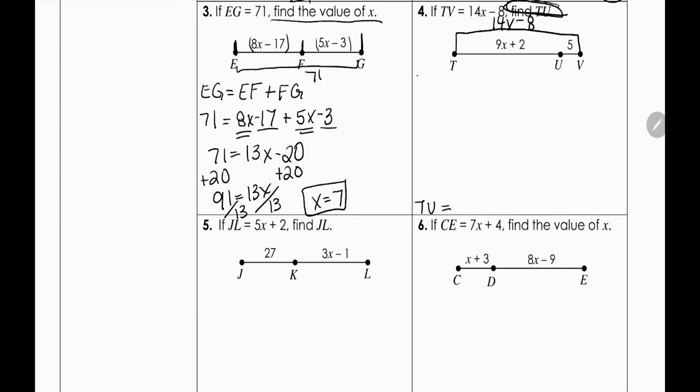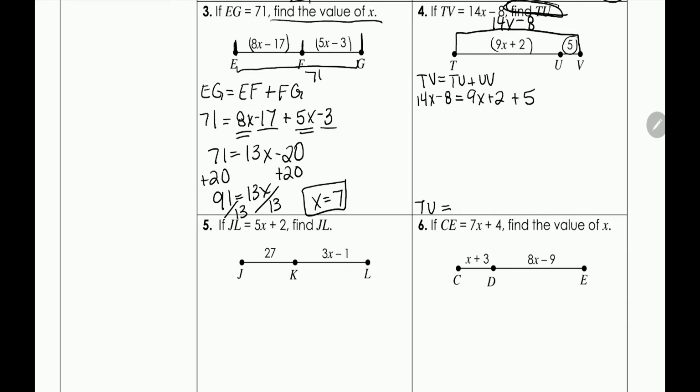So we know that TV, again, is going to be these two segments added together. So we've got from T to U plus U to V. It tells us that TV is this 14x minus 8 in the problem. From T to U, it says here, is this 9x plus 2. And then from U to V, it's just this 5.